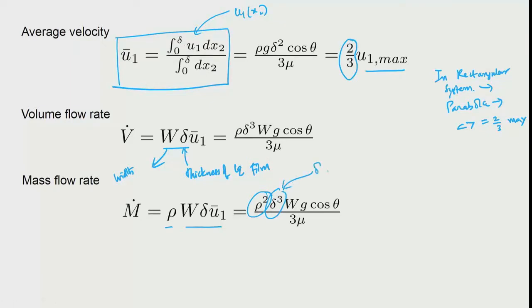The thickness is generally in mm, and the density in SI units, kg per meter cube, will generally be of the order of 10 to the power of 3. So, there is a large number coming in rho and a small number coming in the cube. While we substitute numbers for these expressions, we must pay attention to the units and not make any mistakes, because otherwise the values that we get for m dot could be quite off.